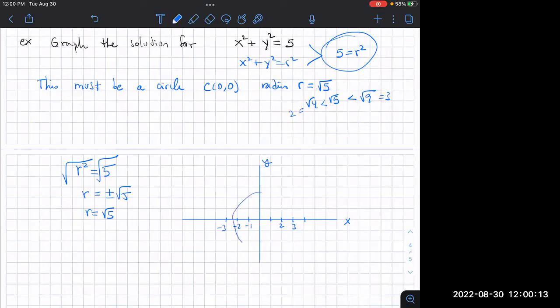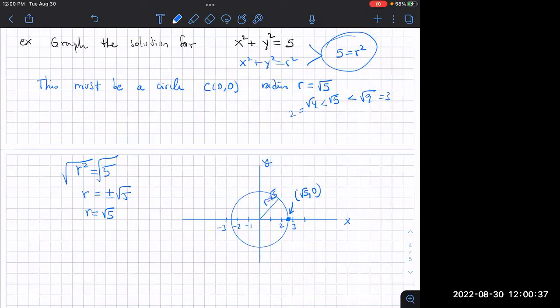I'm just going to draw a circle of radius between 2 and 3. What will nail it down is this point, square root of 5, 0. So we have a circle with r equals square root of 5.